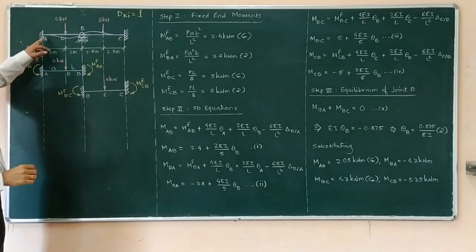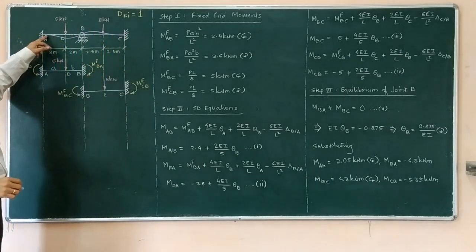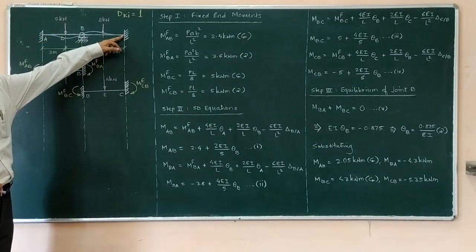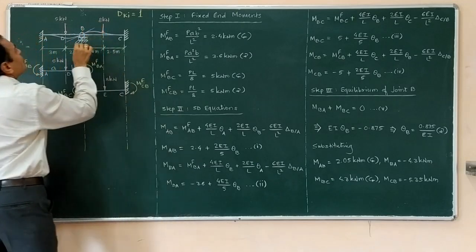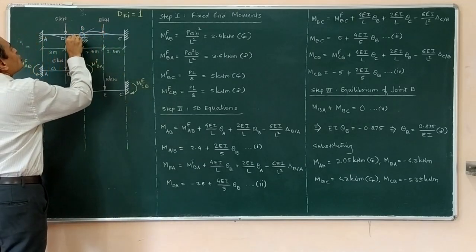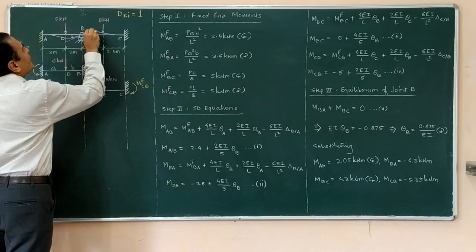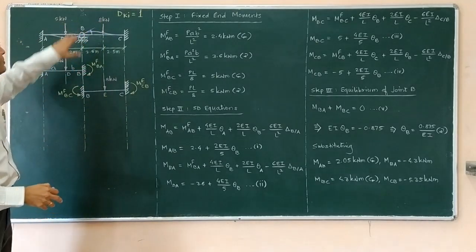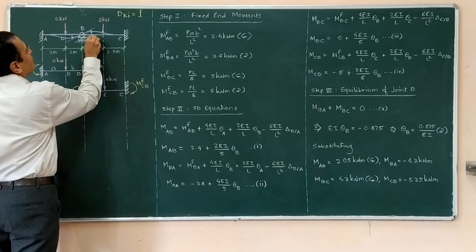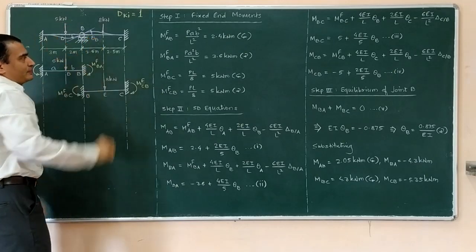You are observing zero slope and deflection at A, zero slope and deflection at C, and this is our assumption that at point B the slope theta B on either side, because it's a continuous beam, will be the same, anticlockwise theta B.